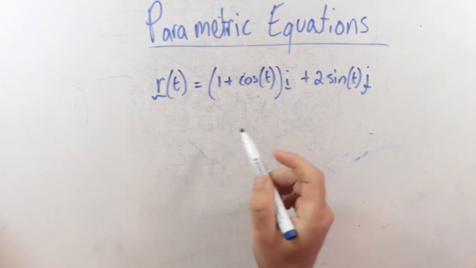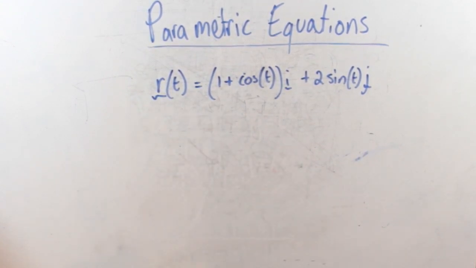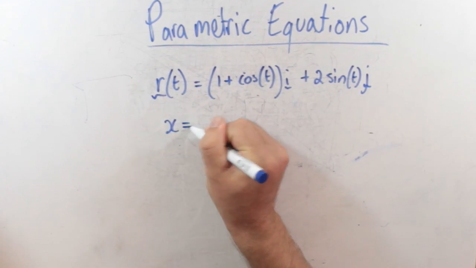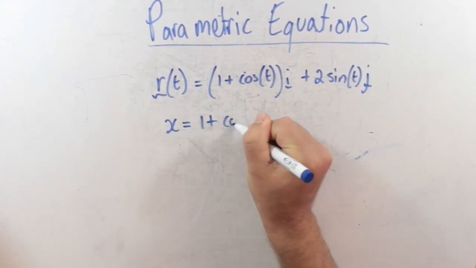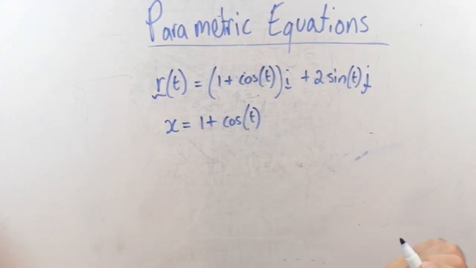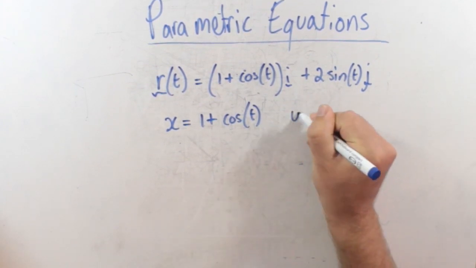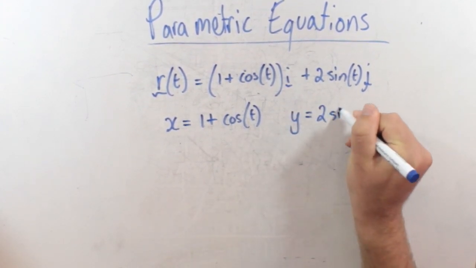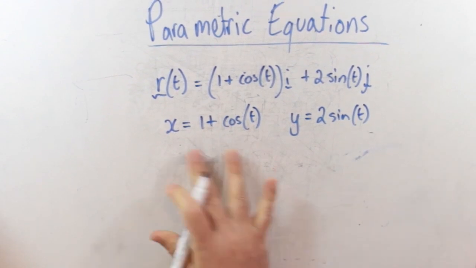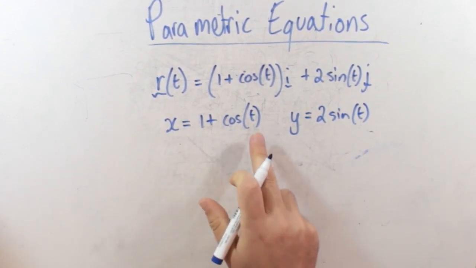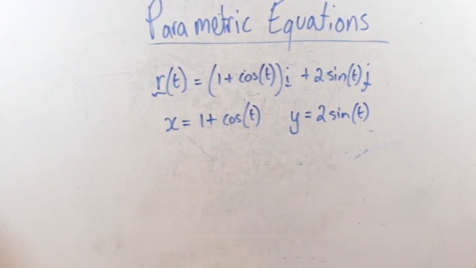Okay, so we do the same process. We say, well, x has to be 1 plus cos of t, and y has to be 2 sine of t. Now how are we going to combine these to get rid of our parameter t?